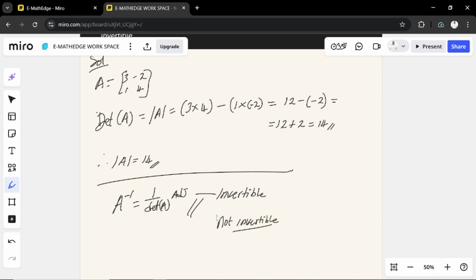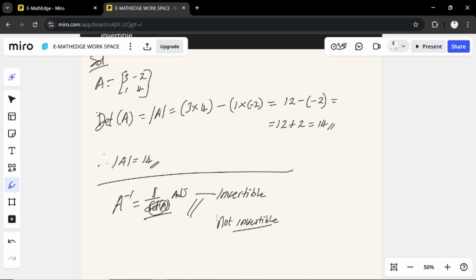So if you observe in this case, we obtained the determinant to be 14, and if we substitute the determinant into this formula, we will be able to arrive at a single answer. But in a case where the determinant of that matrix is 0 and we cannot solve for the inverse, we are going to have 1 over 0.